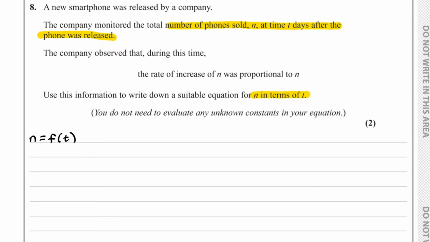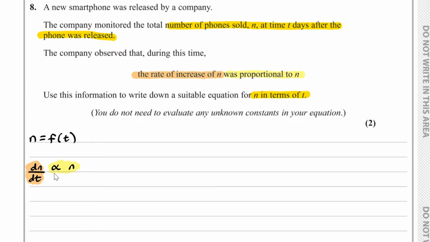Now, what we see over here is that the rate of increase, so that's dn over dt, is proportional to n. Okay, so the rate of increase of n, dn over dt, is proportional to n, as we see over here.